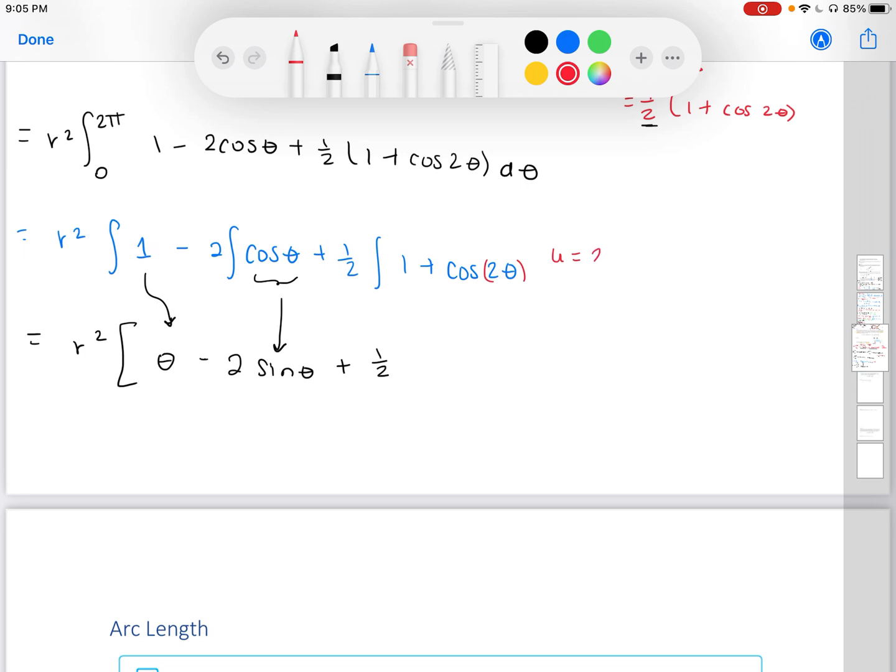So we have to use substitution, so we have to compensate with a 1/2 for that 2 we're going to need for the du. So that ends up being theta plus sine of 2 theta, and that 1/2 we had to use to compensate.